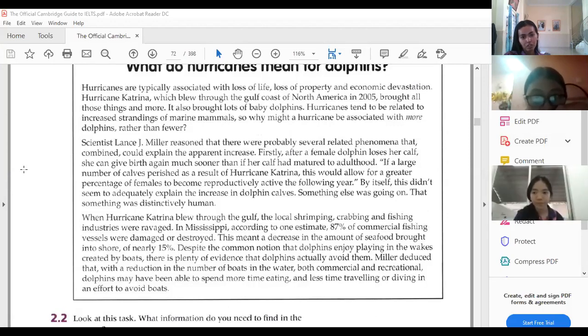We first should search for the name, Miller. Miller appears here in the second paragraph, okay? They put firstly, secondly as well, so it's very convenient to search for the answers.